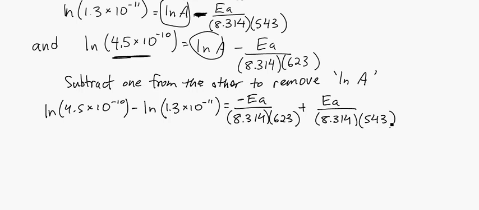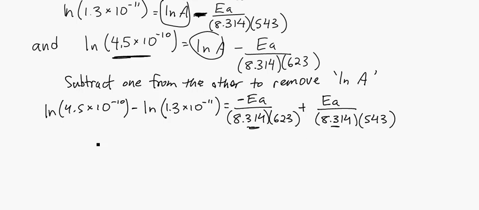Okay, remember the whole point of this is we're trying to isolate EA, the activation energy, so we can find out what it is. Alright, so the next thing we want to do, well, we've got 8.314 in the denominator here. If we multiply everything by 8.314, we could cross that off. So let's do that.